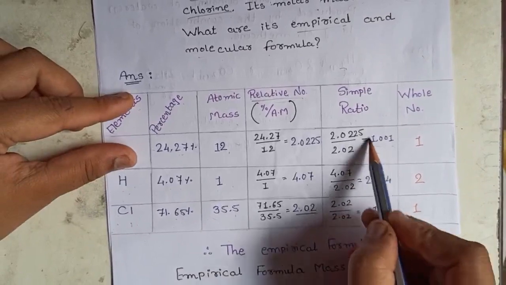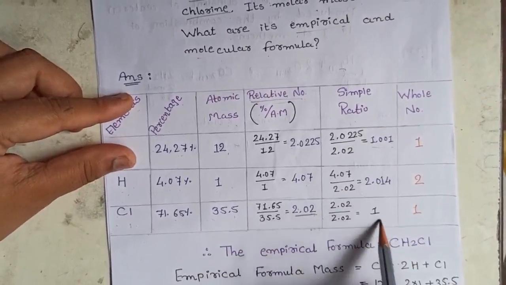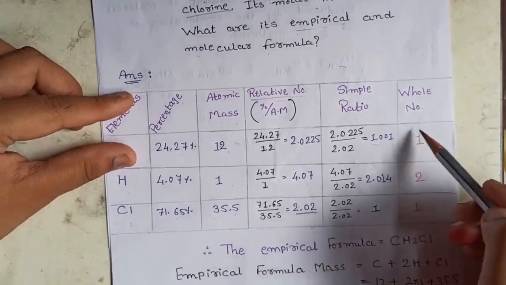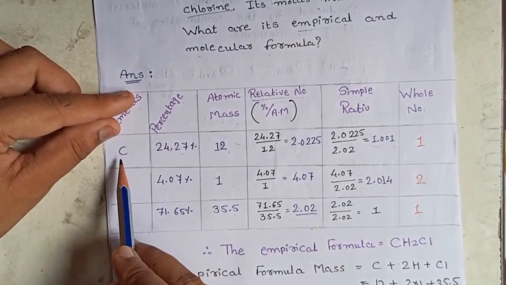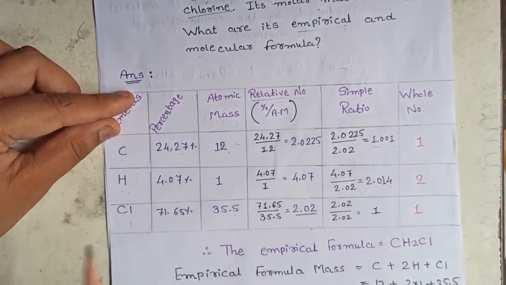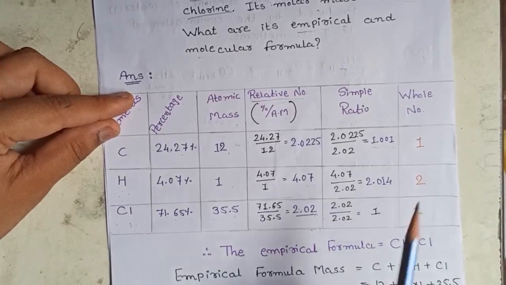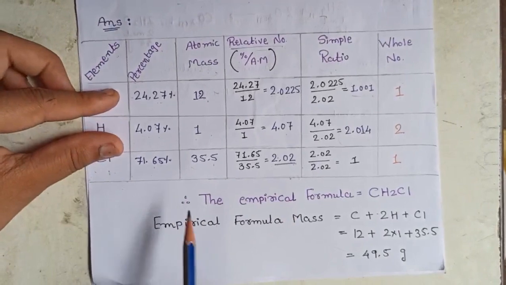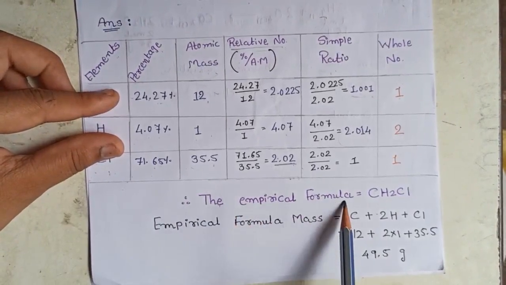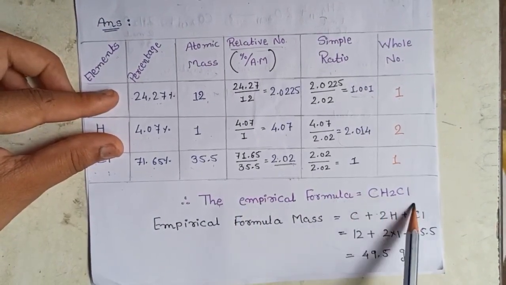So from this we can round it, right, and write a whole number. So in our compound, 1 carbon is present, 2 hydrogen are present, and 1 chlorine is present. So we can write the empirical formula for our compound as CH2Cl.